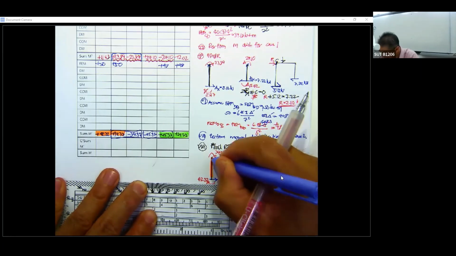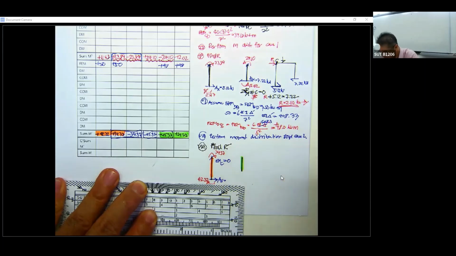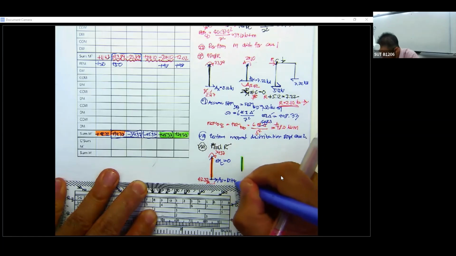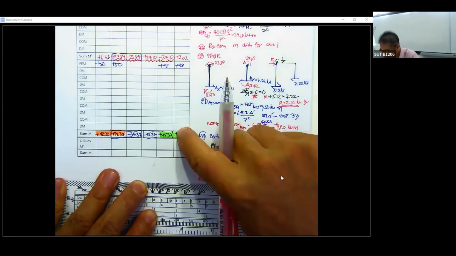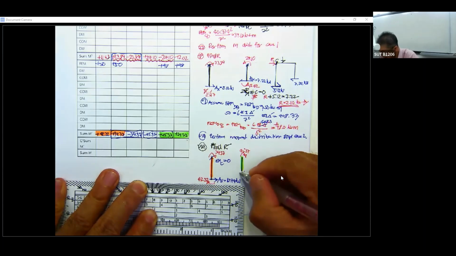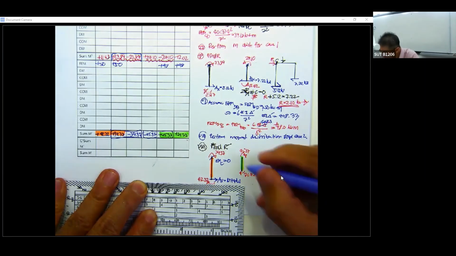If you take the summation of the moment at C equal to 0, your A sub x is going to be 10.94 kilonewton. And this one is also positive 45.37. And then over here is 71.77.